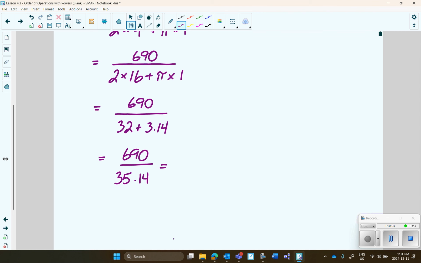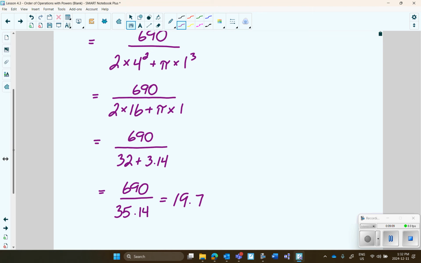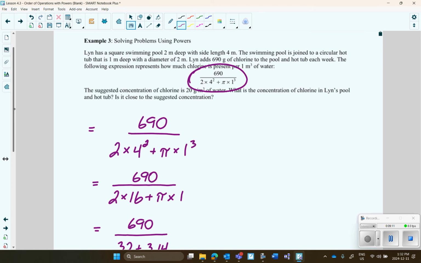What do we get? Finley? I think it's 19.6 or 19.7? 7, that's okay. And what are the units? Units would be grams per meters cubed.